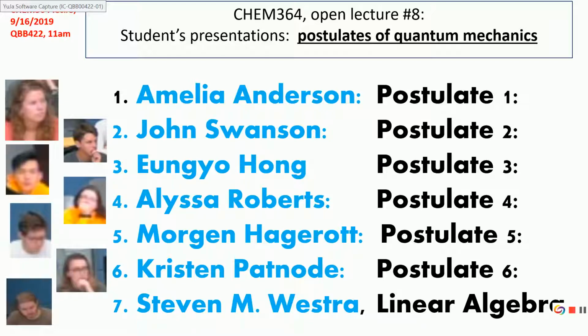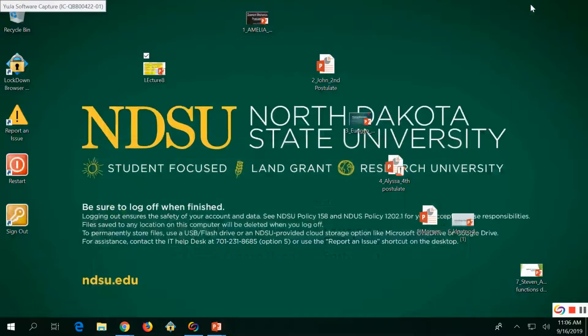Yeah, it's a high resolution figure. So we'll just go in a line, and then after 6 postulates there will be a little refresher on linear algebra. Your slides are arranged first, second in number.